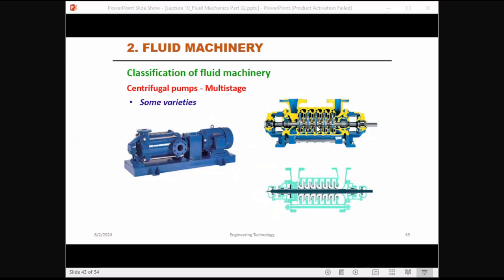Comparing with a single impeller centrifugal pump, this head is very large. The pumping head is very large.